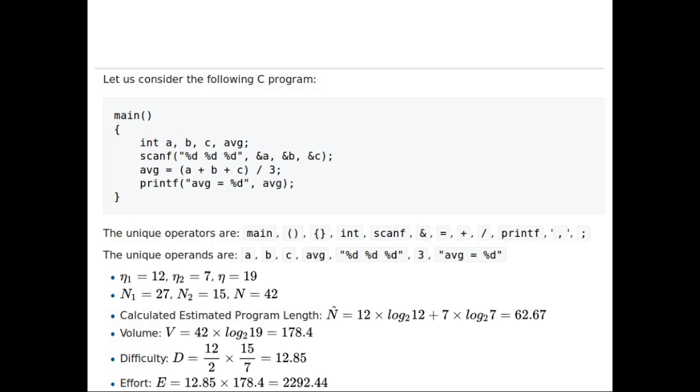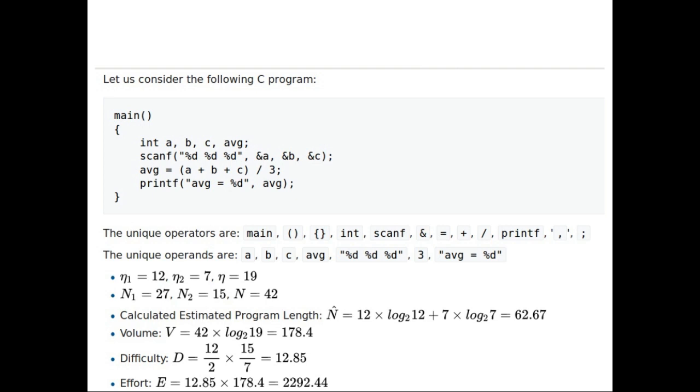Unique operands are a, b, c, avg, percentage d, 3, and avg equal to percentage d. That is 7 unique operands, so n2 is equal to 7. So small n1 plus small n2, 12 plus 7, gives n equal to 19.